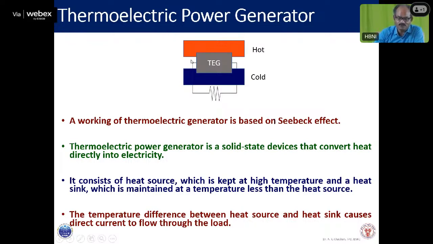As in solar cells also we have direct current, and here also we will have direct current only. However, in our domestic uses, we use alternating current at 50 Hertz frequency. So if we want to use it for our appliances, in that case, this DC has to be converted to AC.